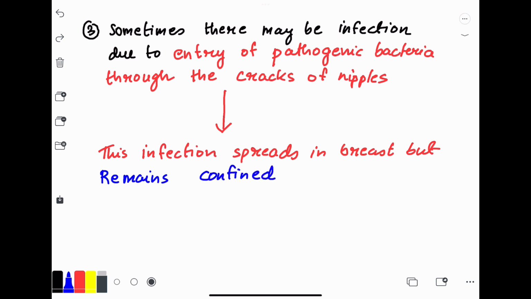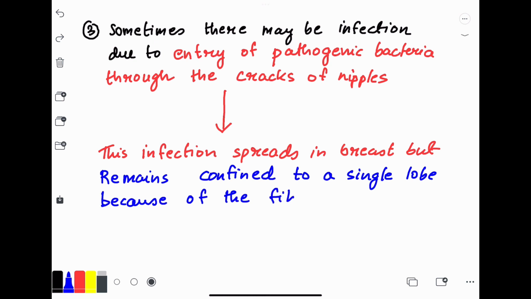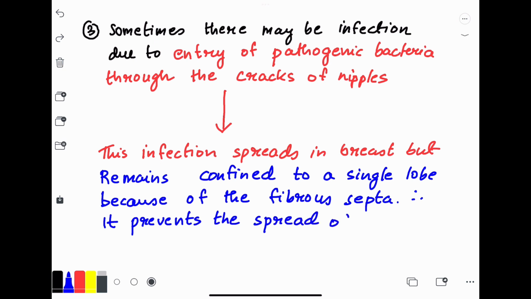It remains limited to a single lobe because of the fibrous septa. Because of this fibrous septa only, the infection is limited and does not spread to the whole region of the breast. So we can say the third significance is that it prevents the spread of infection. So these are all the points that I had to discuss.